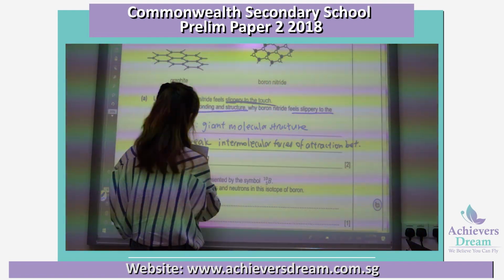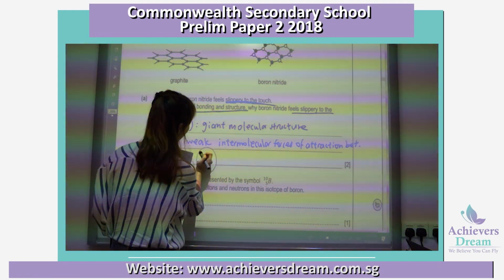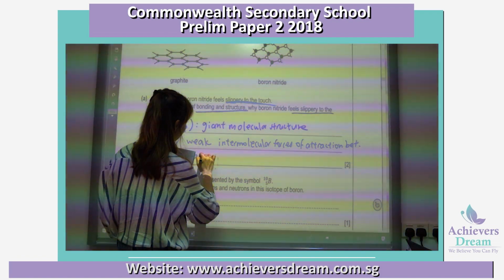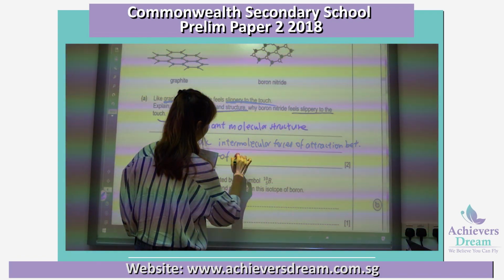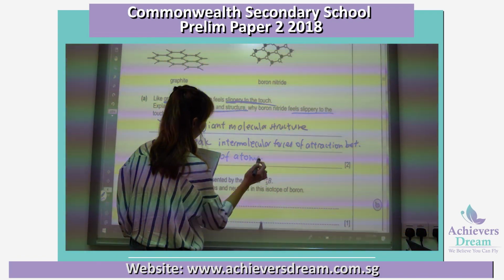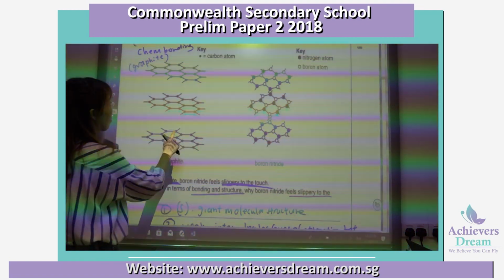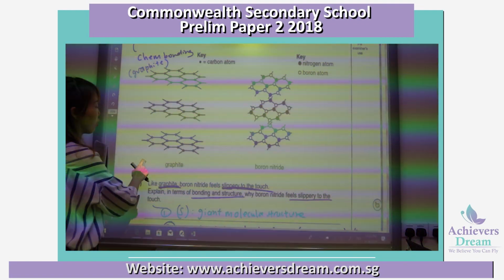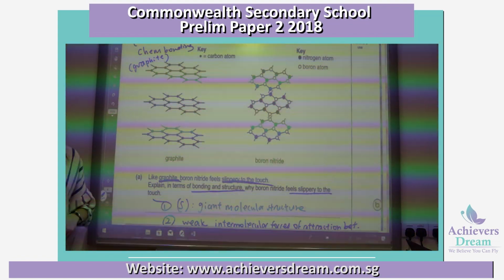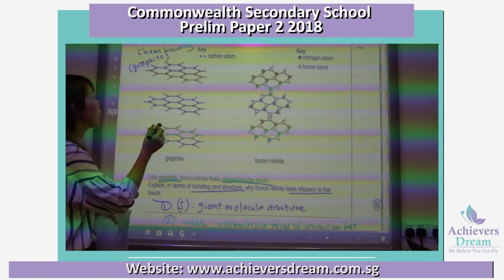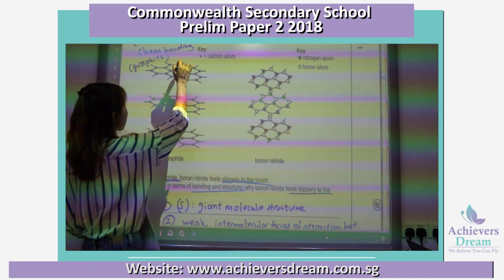Between your carbon layers, or between your layers of atoms. Where do these weak intermolecular forces come from? Look at this structure of graphite. For graphite, there are two types of forces you need to know. First is within the layers.